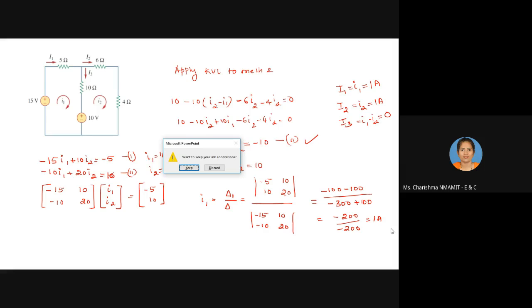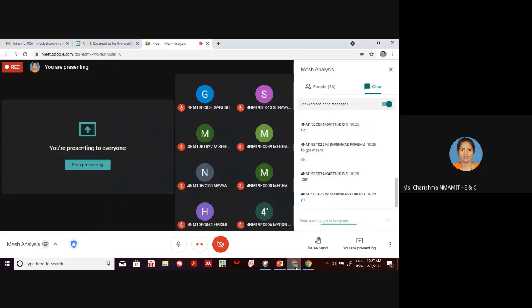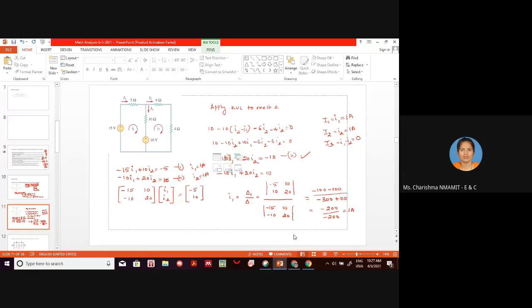Did you get how to find out I1 using Cramer's rule? This determinant is the determinant of A matrix, delta. Delta 1 is nothing but, in the determinant of delta, you replace the first column by the right hand side coefficient.